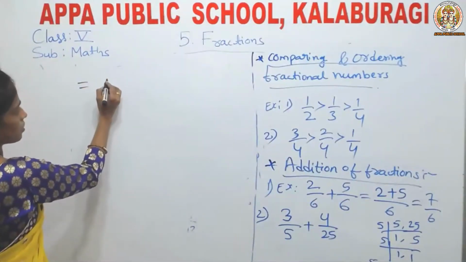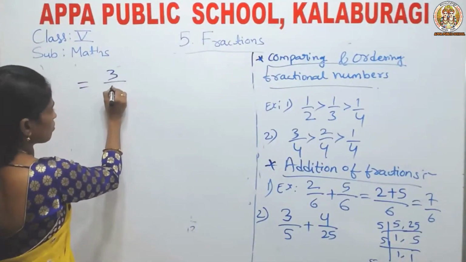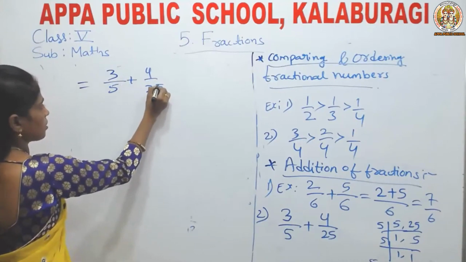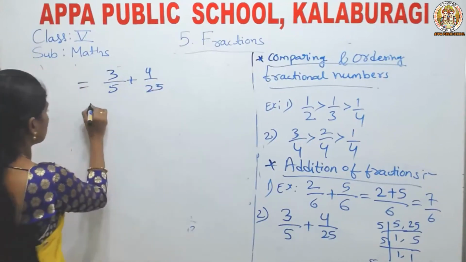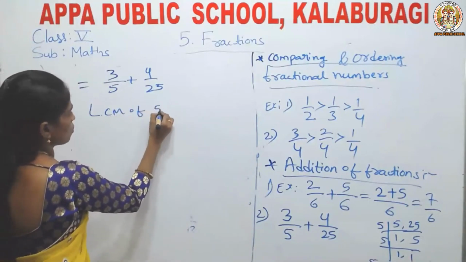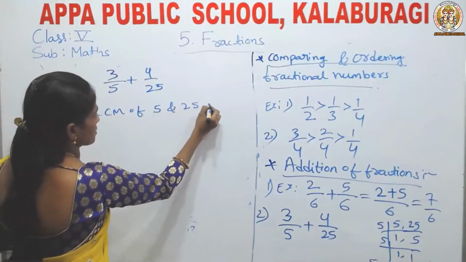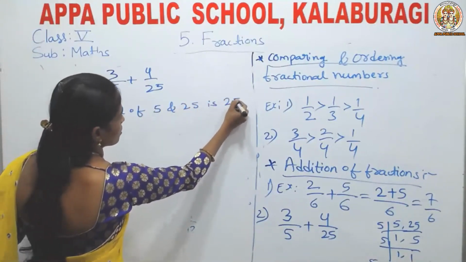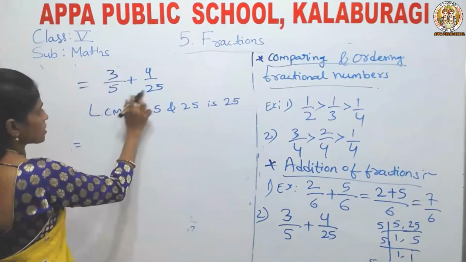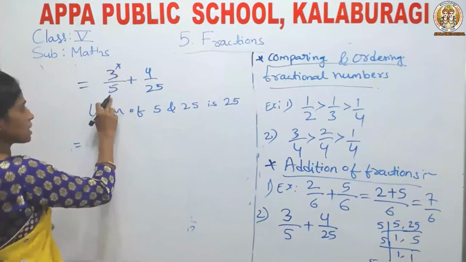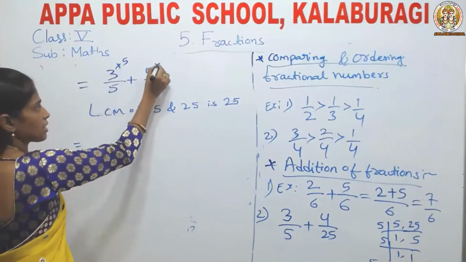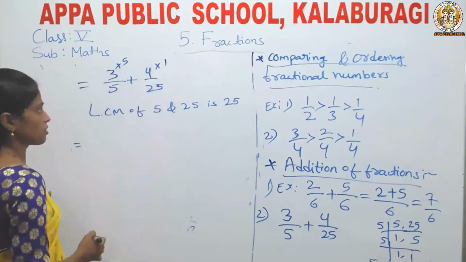The LCM of 5 and 25 is 25. Which number multiplying will get denominator 25? 5 fives are 25, and here 25 ones are 25.